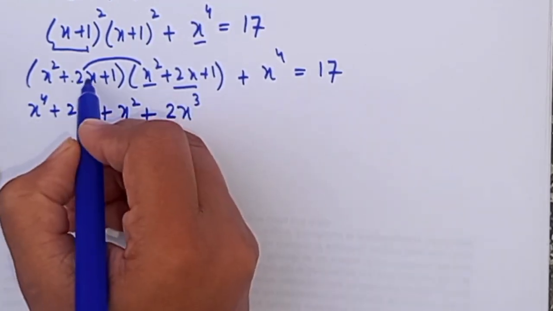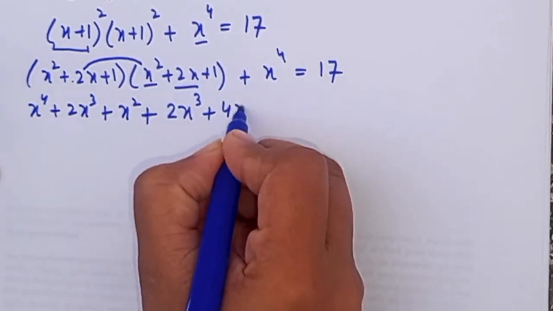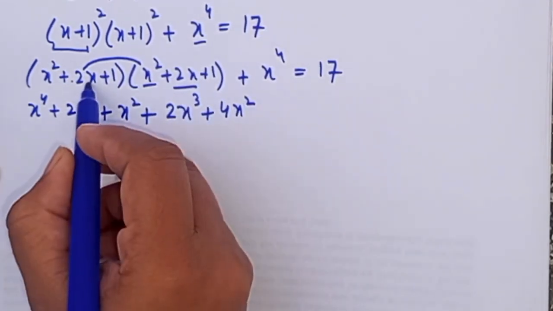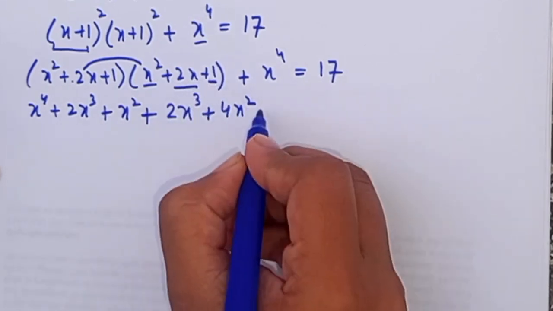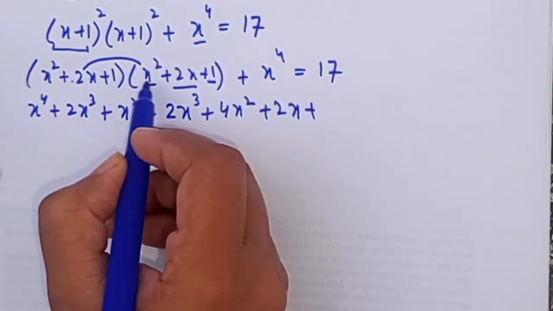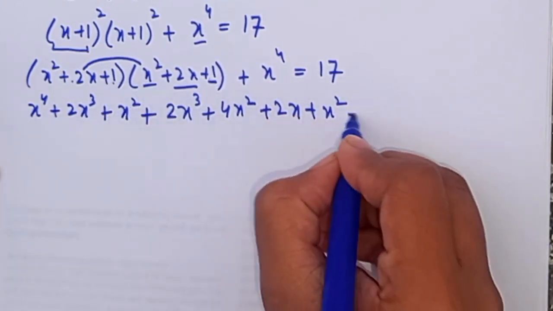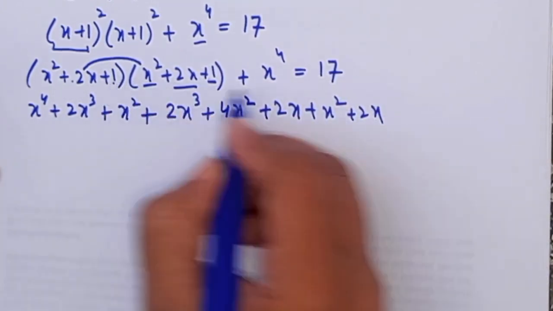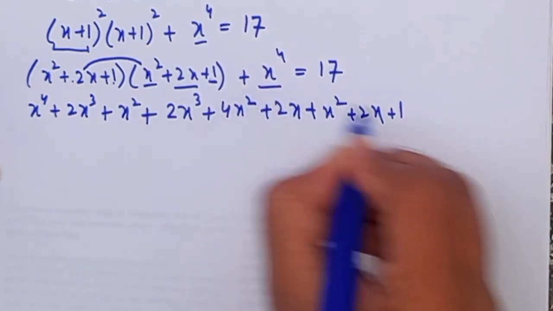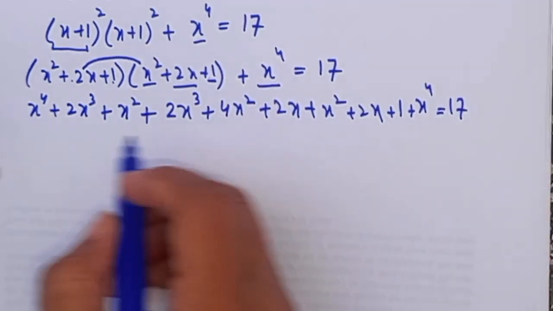Then multiply 2x by 2x, we get 4x^2. Multiply 2x by 1, we get 2x. Multiply 1 by x^2, we get x^2. Multiply 1 by 2x, we get 2x. Multiply 1 by 1, we get 1. And this is x^4, equal to 17.